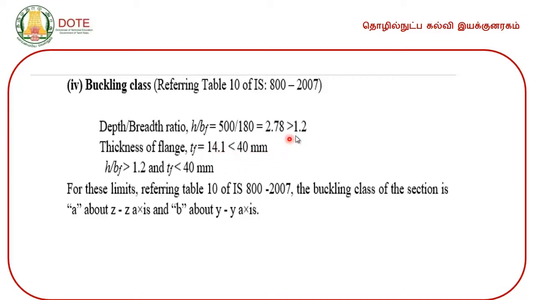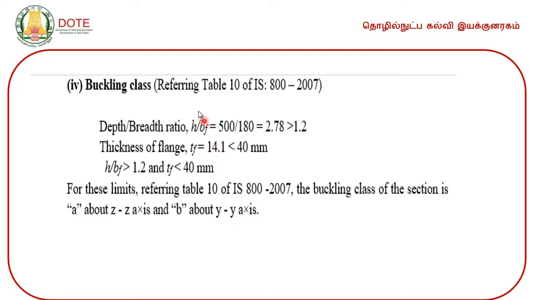Again, these two parameters, 1.2 and 40, are given in Table 10 of IS 800:2007. Since these two values, h by bf and tf, are within the range, the buckling class of the section about the major axis is a, and about the minor axis is b. The major axis is the ZZ axis and the minor axis is the YY axis.